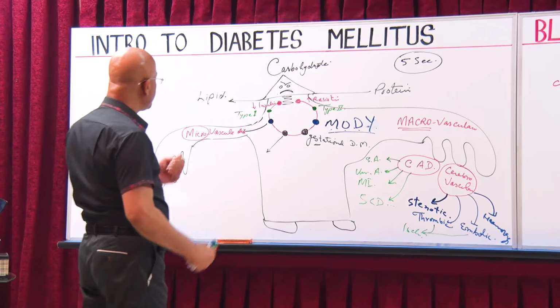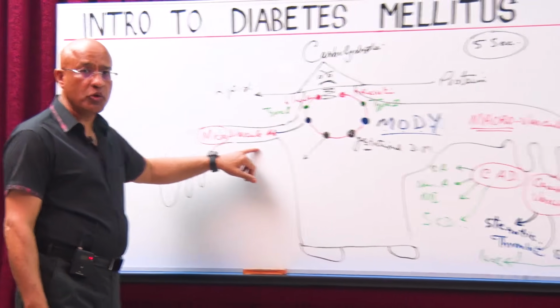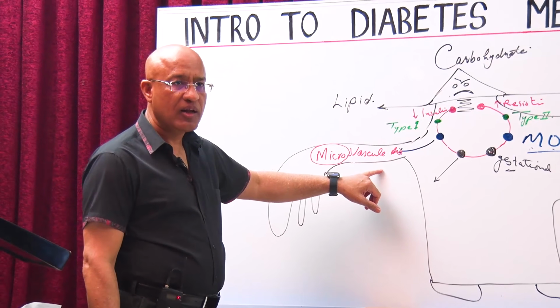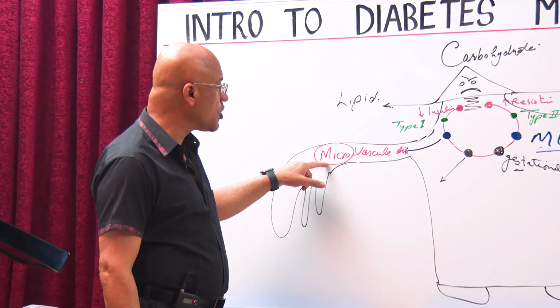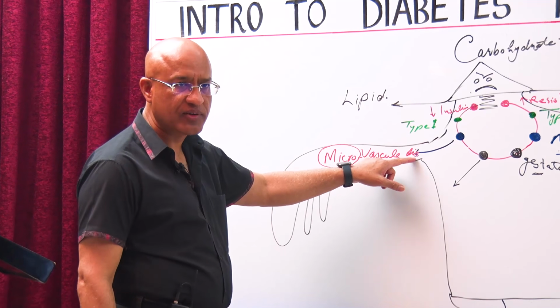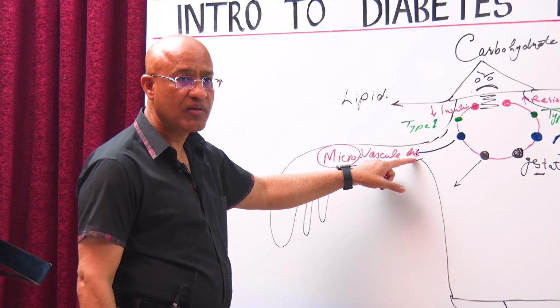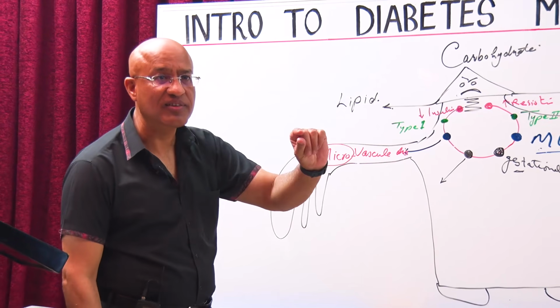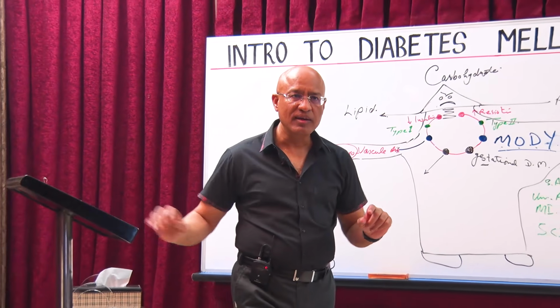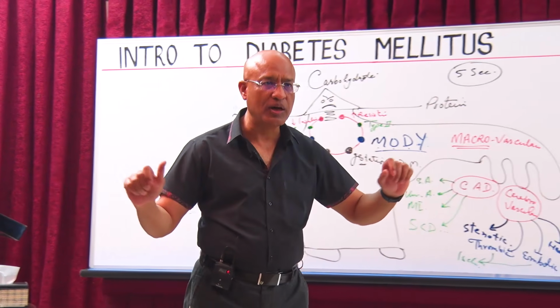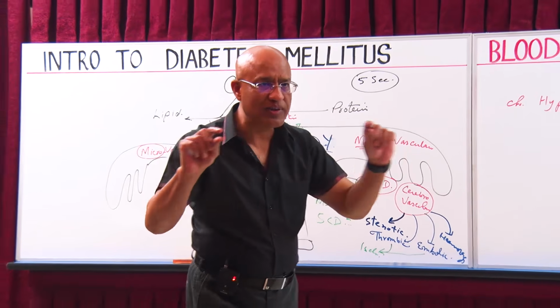Then we come to another group of complications, and this is microvascular complications in patients with diabetes. Small vessel disease. Up to now I told you only large vessel disease. Now I am going to tell you small vessel disease.